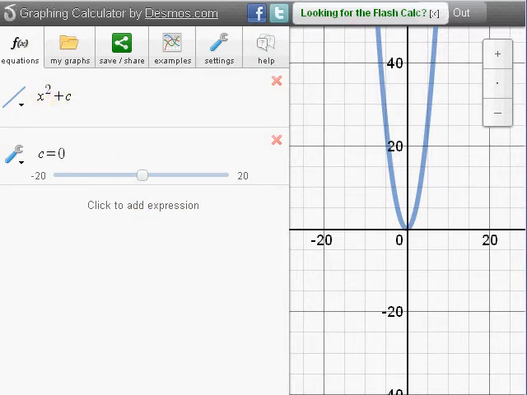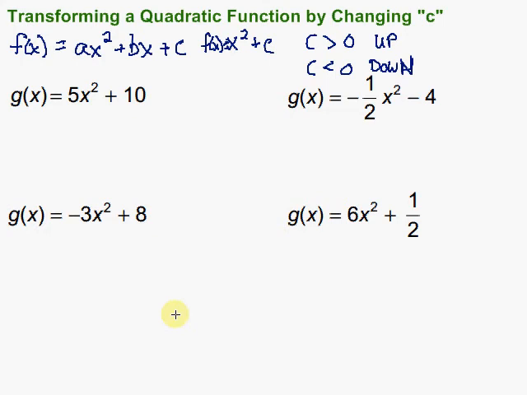Okay, so now let's use that information along with what we also know about the a value of a graph and what happens if that changes. Just to quickly review that, remember that if the absolute value of a is greater than 1, the graph gets narrower.